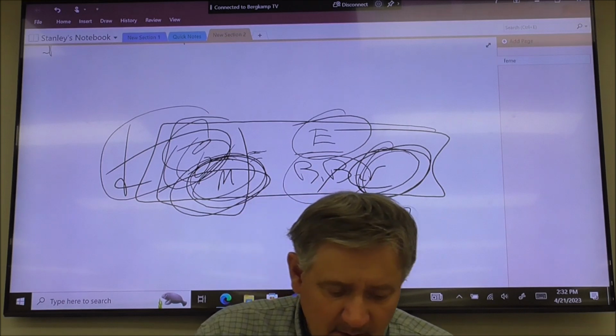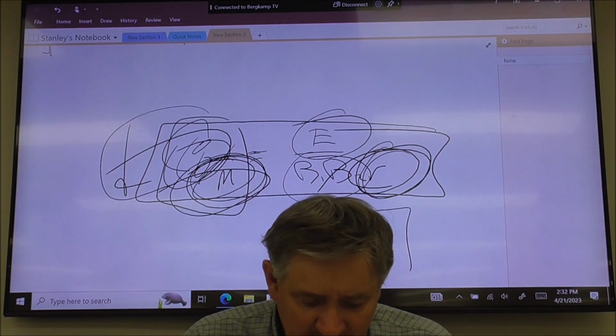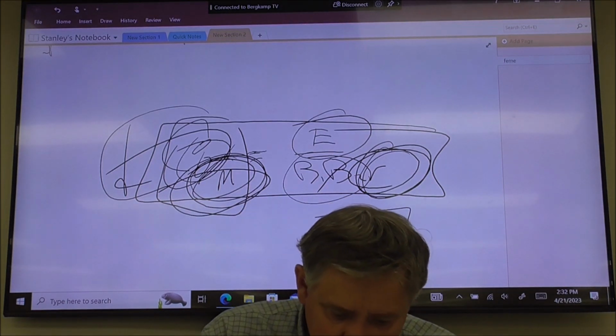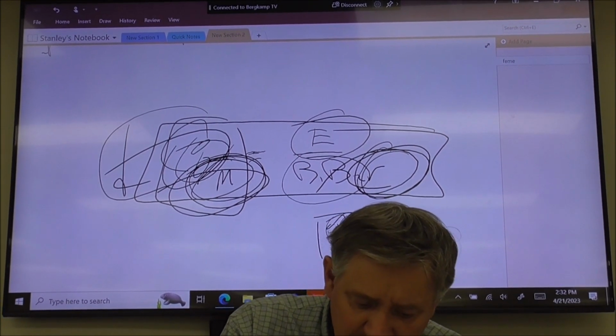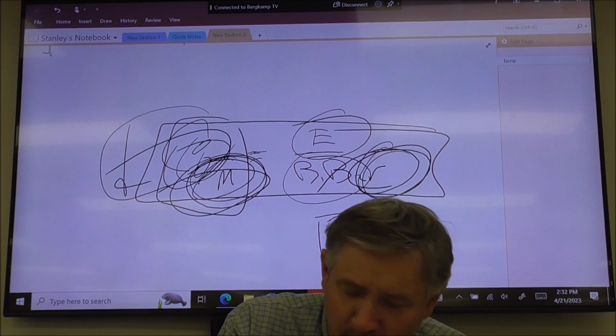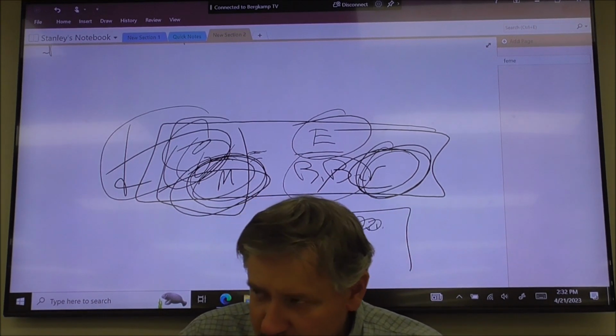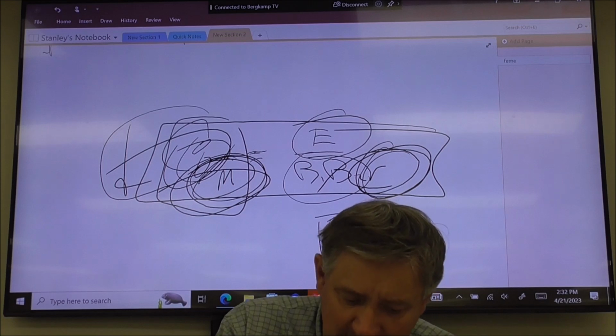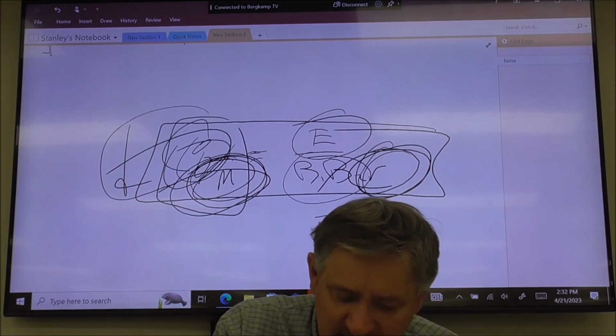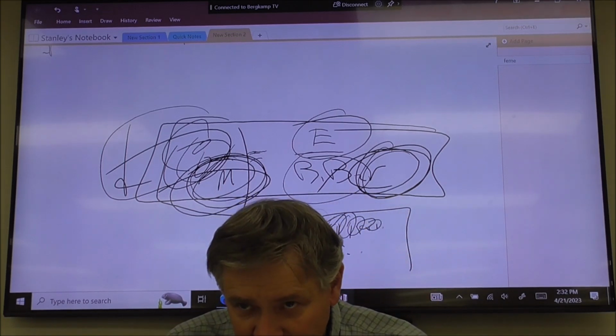The whole key to this one, question number 3, comes down to one concept: this whole thing is happening at a constant speed of 1.8 meters per second.